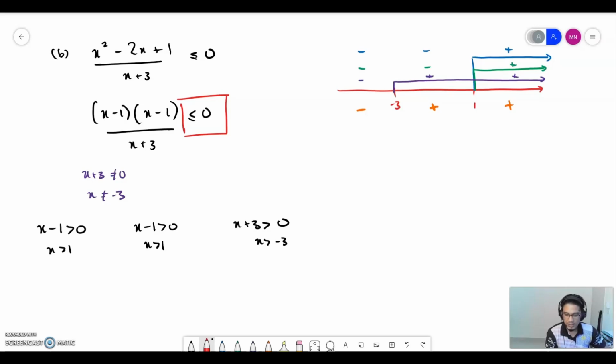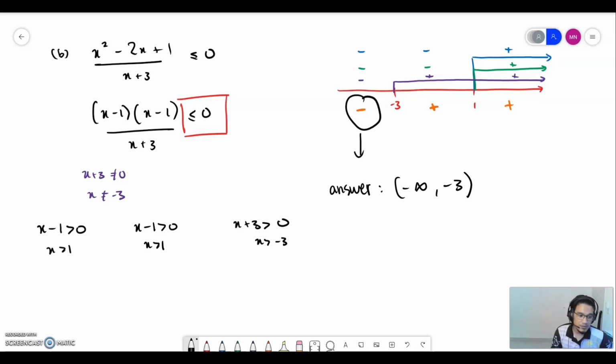So that means we want a negative region for our answer. So this will be the region. So our answer will be from negative infinity until negative 3. It must be closed with a round bracket because x cannot be equal to negative 3.